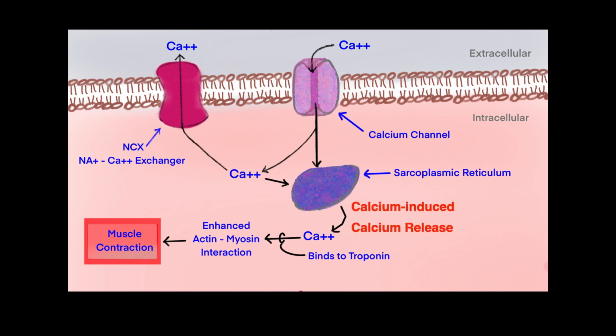This process is known as calcium-induced calcium release. Calcium ions then bind troponin, which allows myosin to bind actin and allows muscle contraction to occur. During repolarization, the sodium-calcium exchanger pumps calcium out of the cell. Consequently, troponin undergoes a conformational change that allows it to once again bind actin, and muscle relaxation occurs.